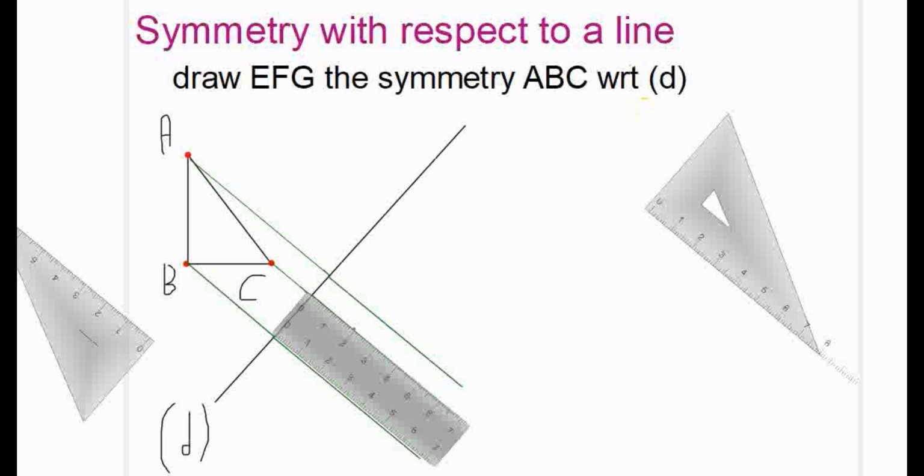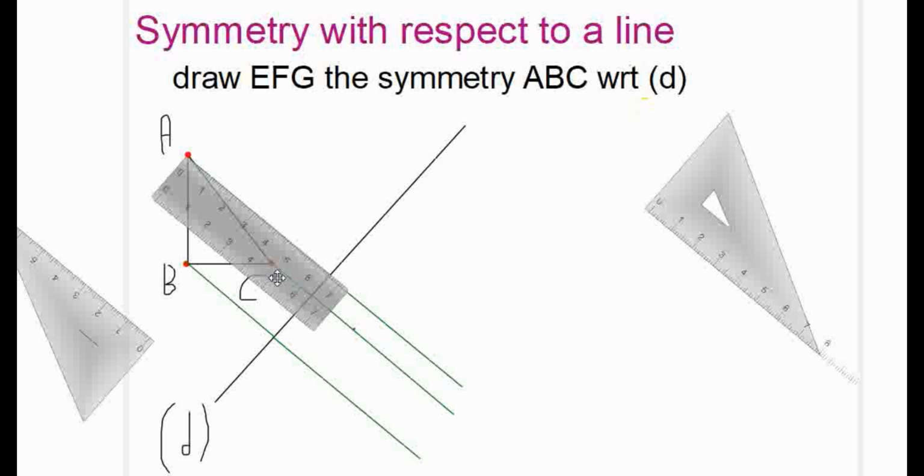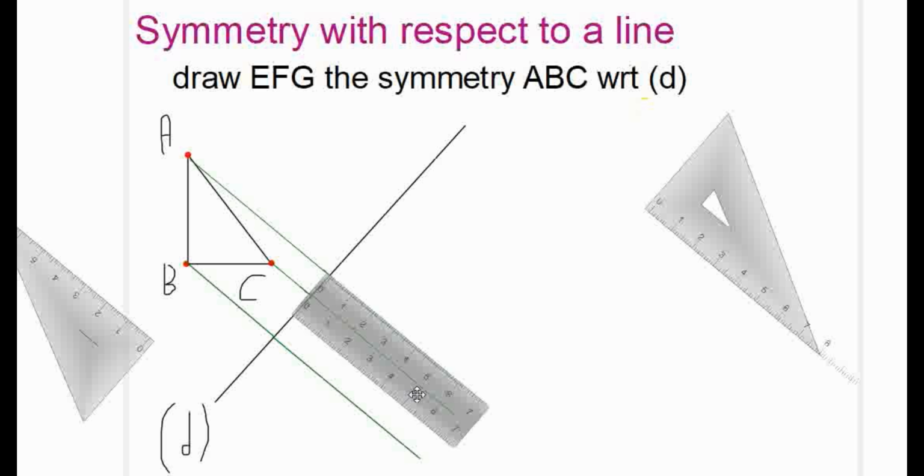And finally, from A to the line, 6.6. So I will search for 6.6 and put a mark beside that.